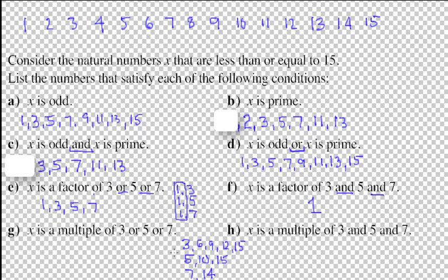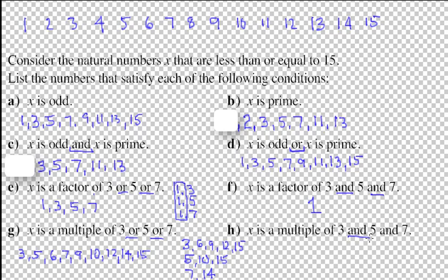So if you're a multiple of 3 or 5 or 7, that means any one of these is enough. So we'd get a list that goes 3, 5, 6, 7, 9, 10, 12, trying to keep these in order, 14, 15, that should be all of them. If you appear on any one of these lists, then you're in.